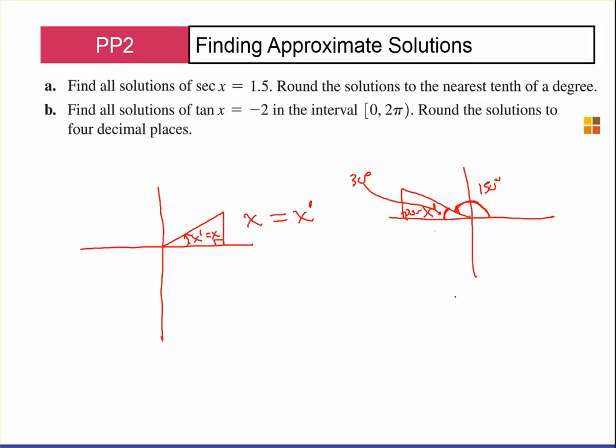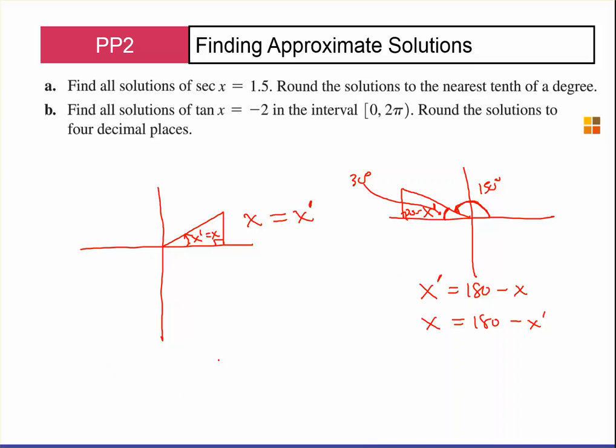If I have a reference angle of x prime, the angle that I want is going to be 180 minus x prime. So if my reference angle is 30 degrees, subtracted from 180 gets me 150.